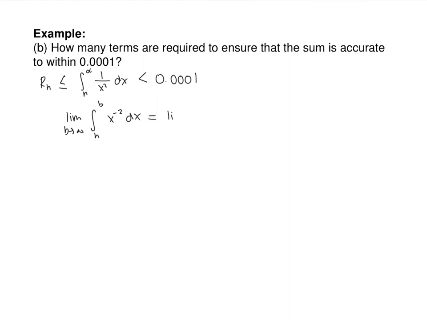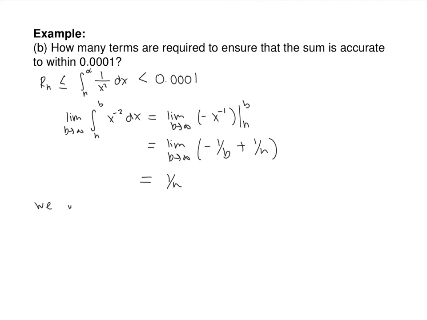That will equal the limit as b goes to infinity, negative x to the negative first, which is the limit as b goes to infinity, negative 1 over b plus 1 over n. And as b goes to infinity, the 1 over b goes to 0. The 1 over n is a constant. This thing goes to 1 over n. So we want to know when is 1 over n less than 0.0001.